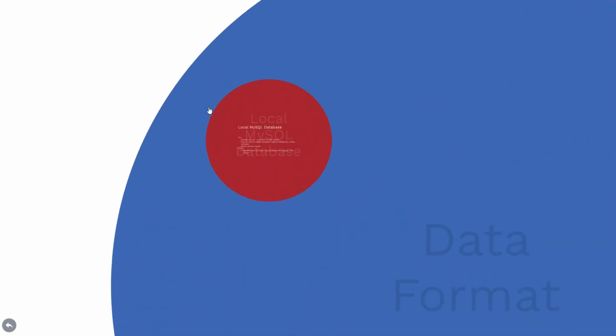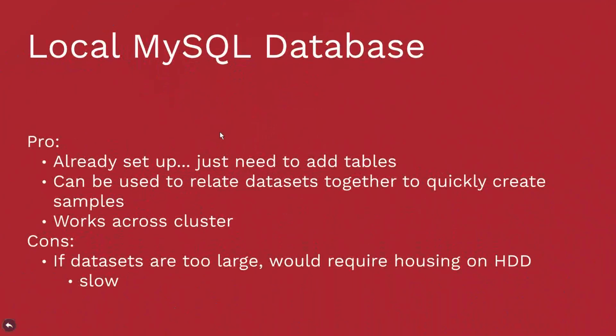I'll start with the MySQL database, because I already have this set up and I use it all the time for machine learning tasks. Essentially, what I'm able to do very easily in Python, thanks to Pandas, is take the data I want from, say, a big GDAS file or a GRIB file, extract just the variables I want, and then save them to my SQL database.